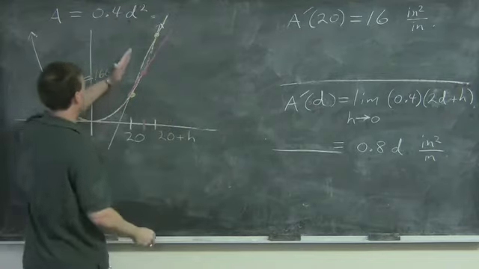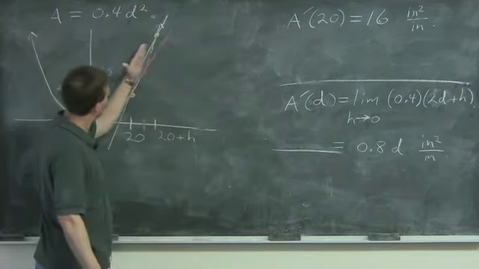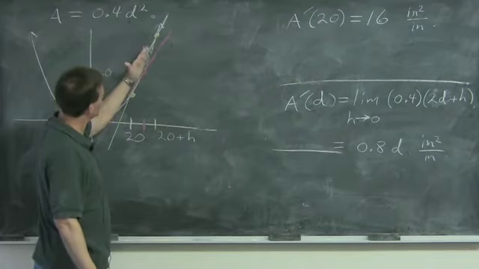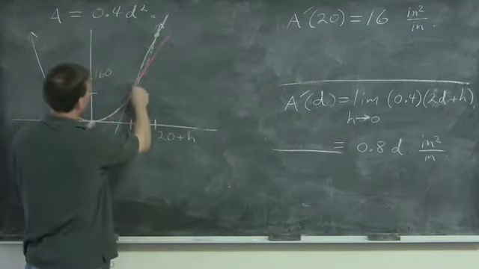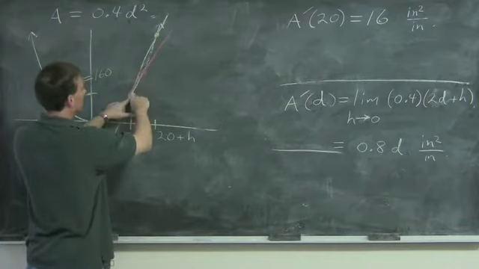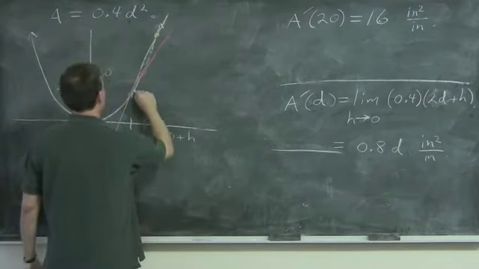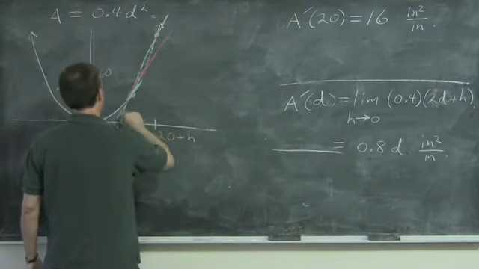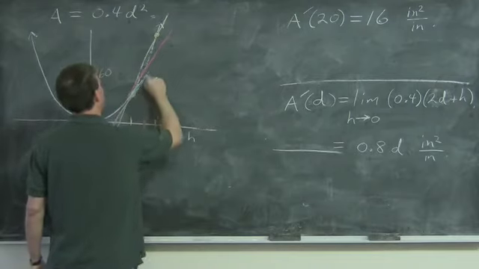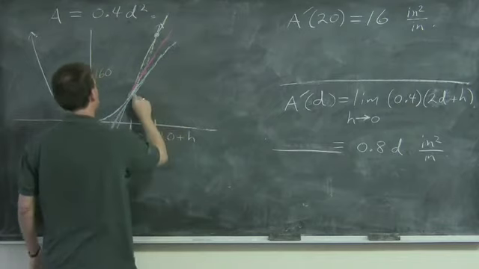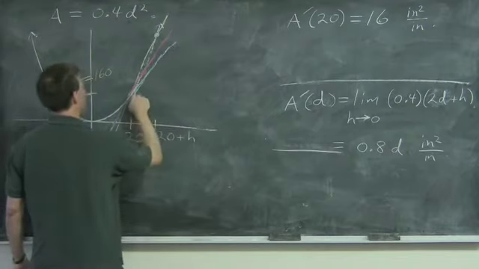And you keep doing this as the point changes, you keep moving your line to connect this point and these closer and closer points. Eventually, you arrive at this line. It just kind of glances off of the curve right there.